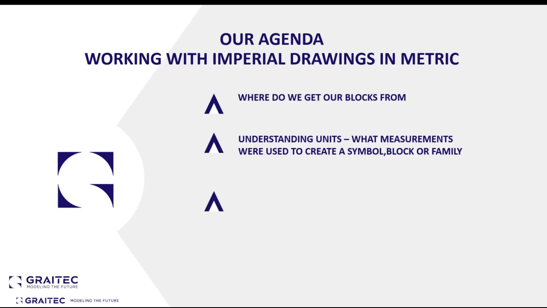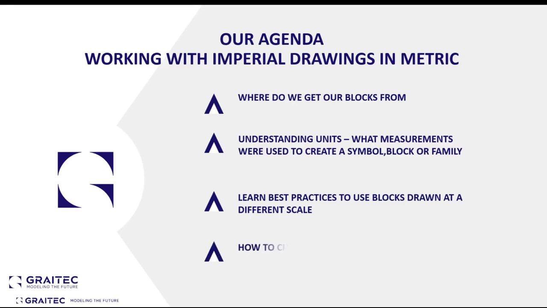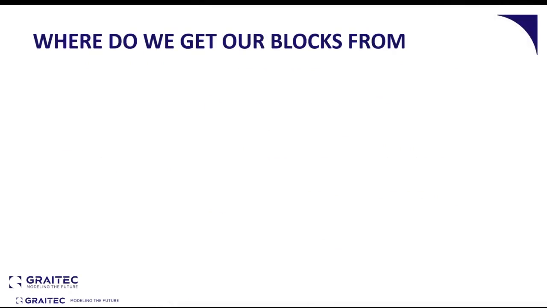And then we're going to go on and look at some of the best practices of how we can use blocks that are in fact at different scales, feet, inches, and so on. And we'll also look at how we could change the scale of any blocks that we download so we can actually use them.